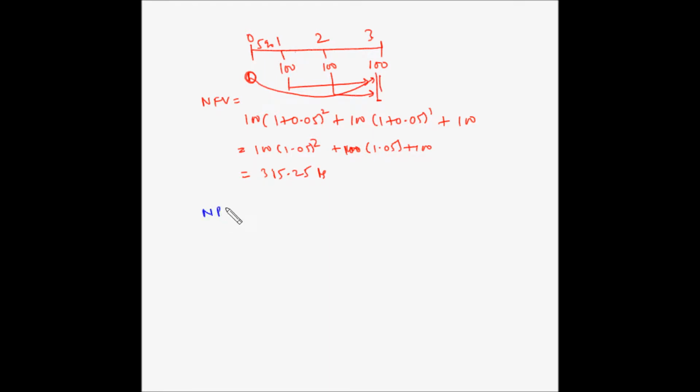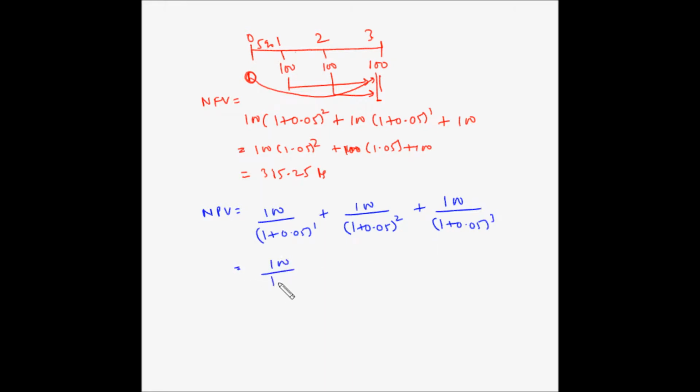So the net present value will be equal to, now for this 100 divided by 1 plus I, which is 0.05 to the power 1, because this has 1 year, plus 100 divided by 1 plus 0.05 to the power 2, because this will be discounted for 2 years, plus 100 divided by 1 plus 0.05 cube.